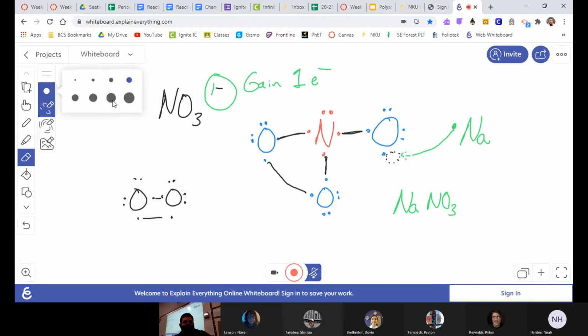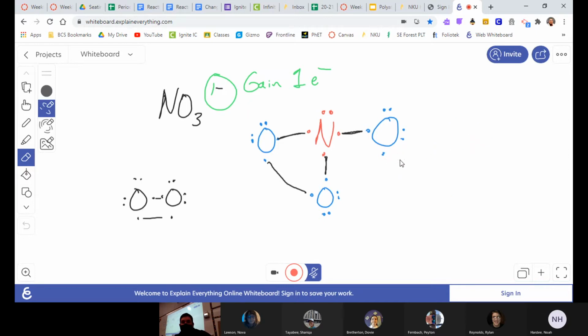The only downside to this app is I don't love the erasing tool. So this compound here won't exist in nature because it's not happy, it's not satisfied. This compound will not exist in nature because the oxygen is not happy.